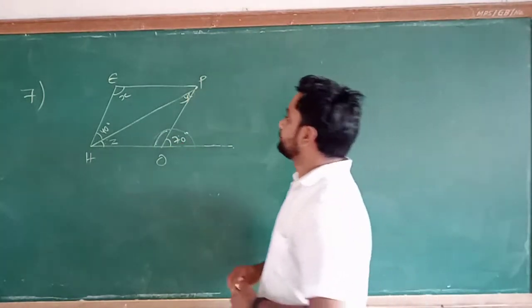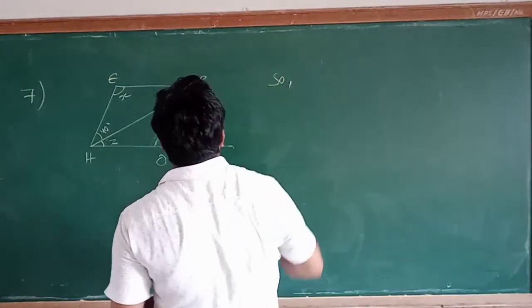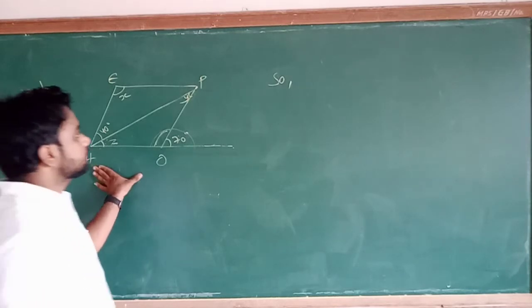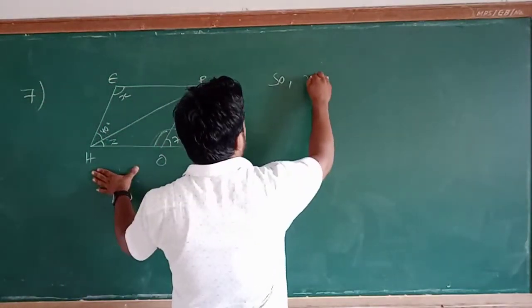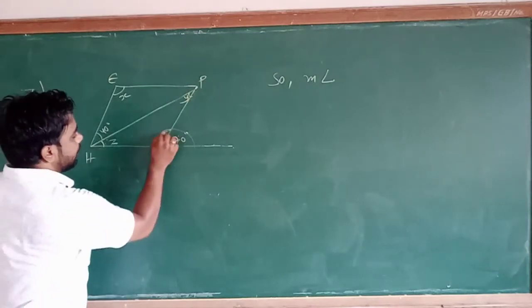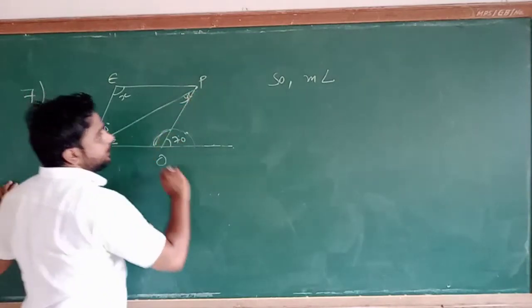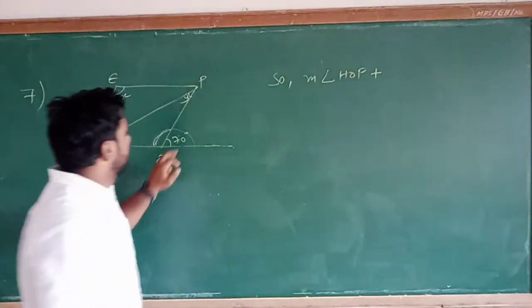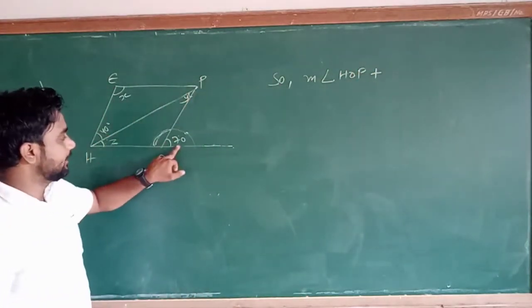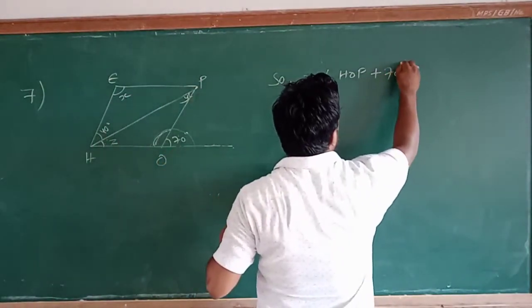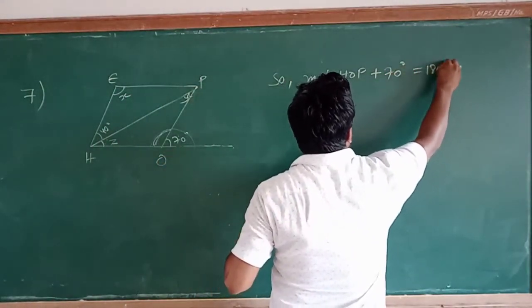Okay, so I can write from the figure that measure angle HOP, ये वाला एंगल जो है, plus this angle, and this angle given to you is how much? 70 degree. 70 degree is equal to how much? 180 degree.